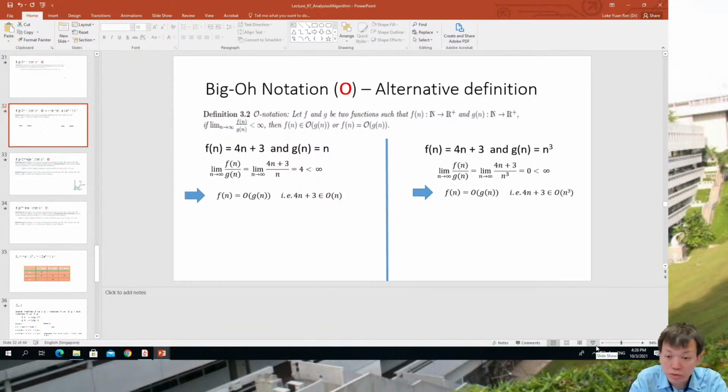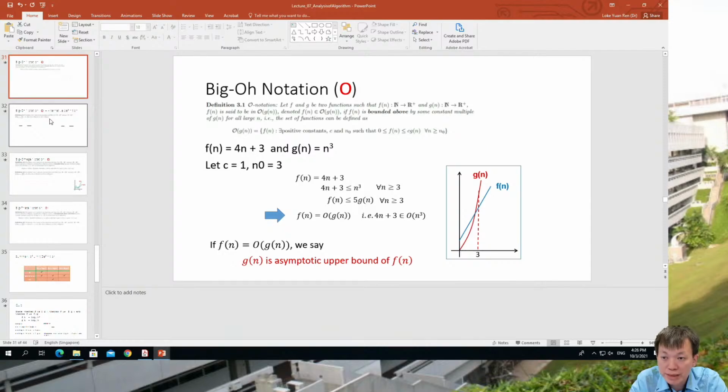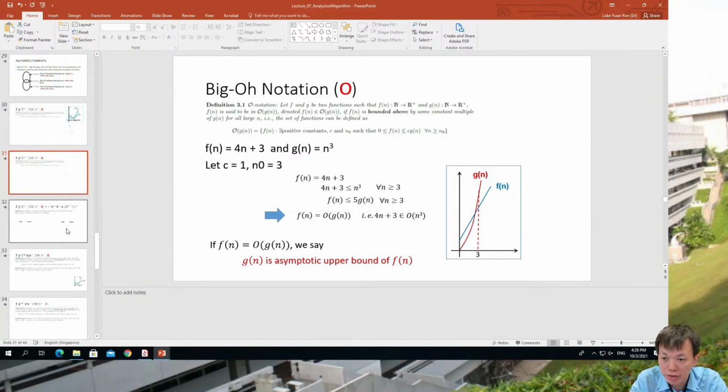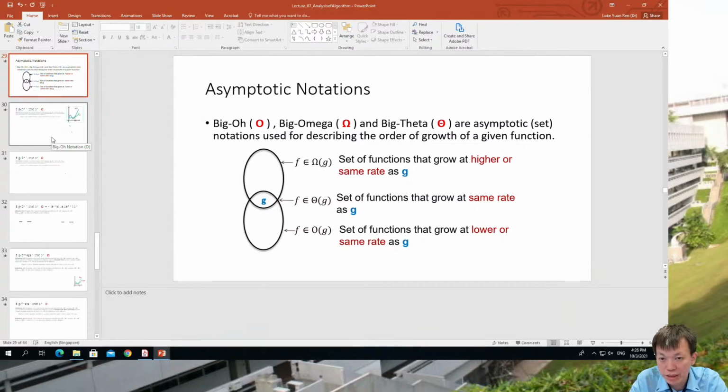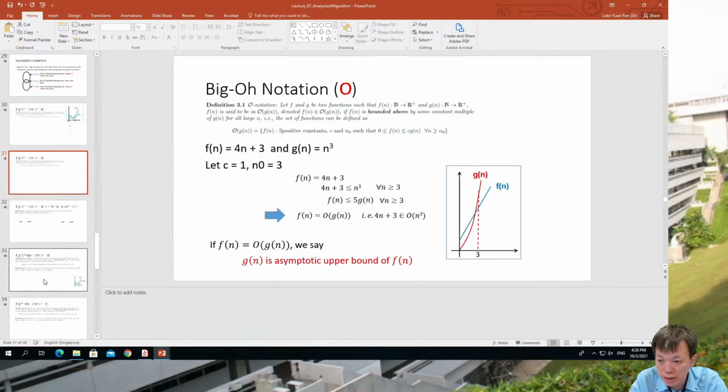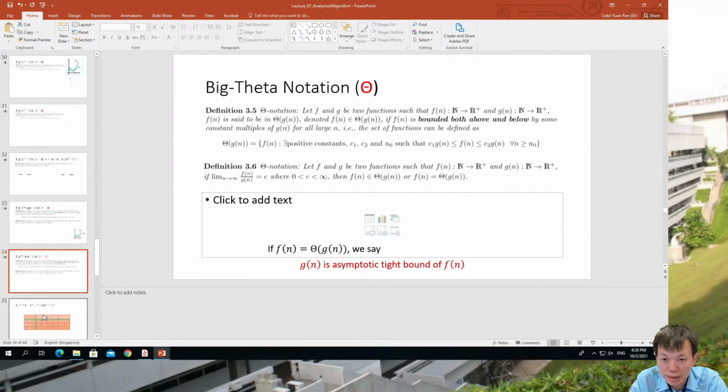So today I will finish the analysis of algorithm. On Monday we already introduced the big O notation, or the asymptotic notation: big O, big omega, big theta, and their definitions. There's no theory here.